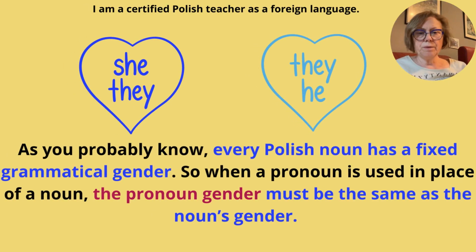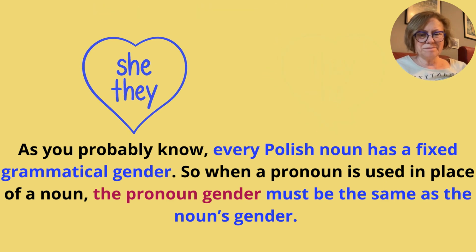As you probably know, every Polish noun has a fixed grammatical gender, so when a pronoun is used in place of a noun, the pronoun's gender must be the same as the noun's gender.